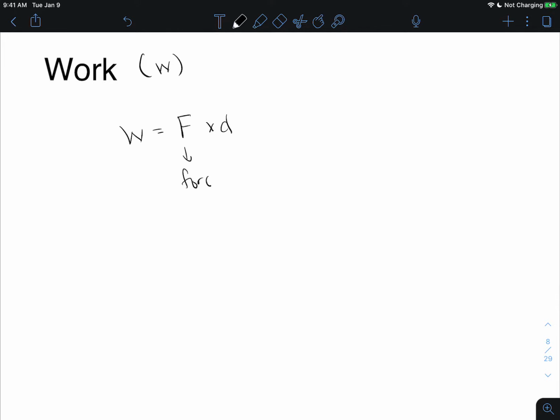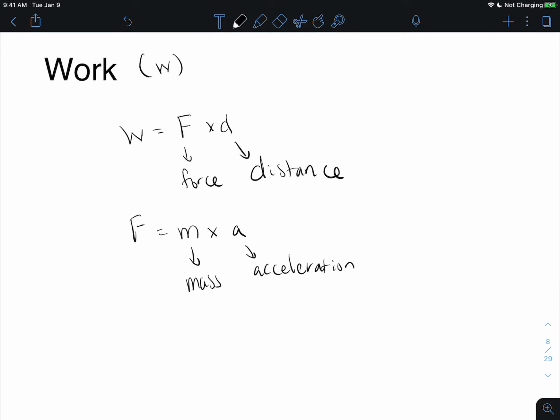This is distance. And then, of course, we can look at our force equation, where force is equal to mass times acceleration. So the faster you're pushing it, the more you're accelerating that object, the more massive it is, the greater the force itself.